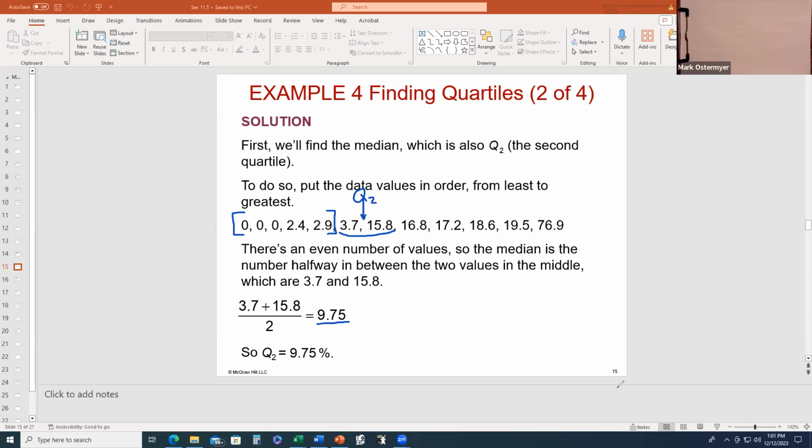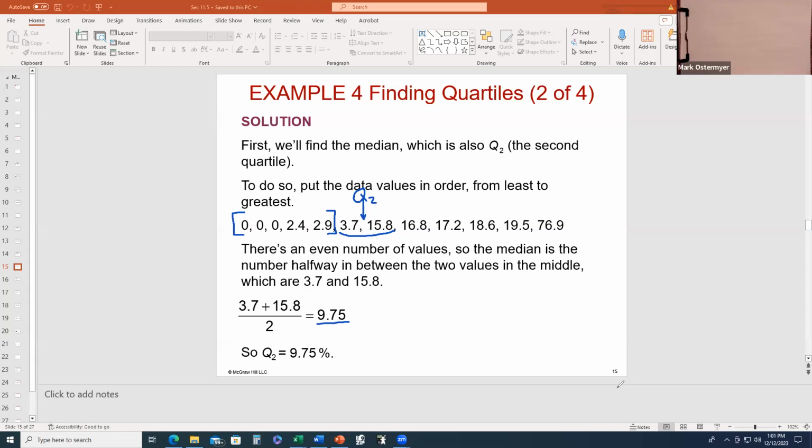What is the average of the 2 middle values in the lower half? The average of 0 and 2.4. That's going to be your first quartile. So you just add these up, divide by 2, and you get the first quartile, which is 1.2%. That's your first quartile of your data set right there.